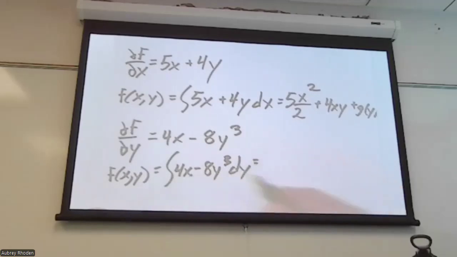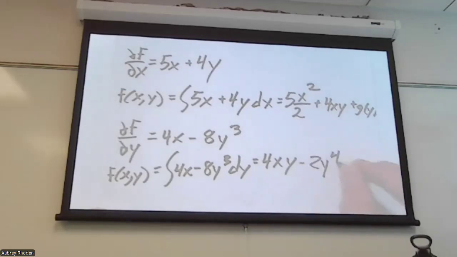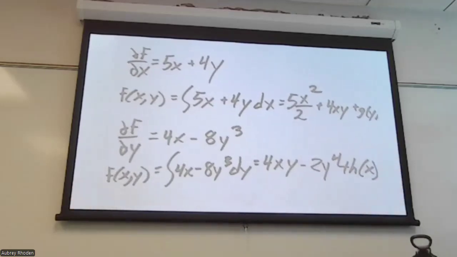Now the integral of 4x with respect to y would be 4xy. And now minus 8, y cubed became y to the fourth divided by 4, so that's minus 2y to the fourth, plus, we'll call this h of x.